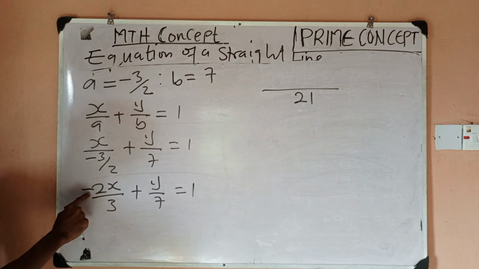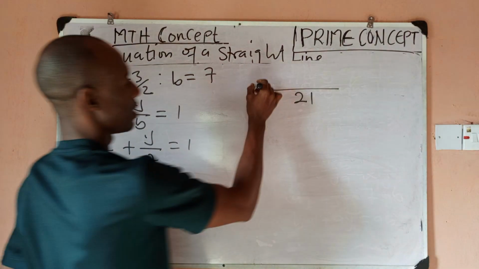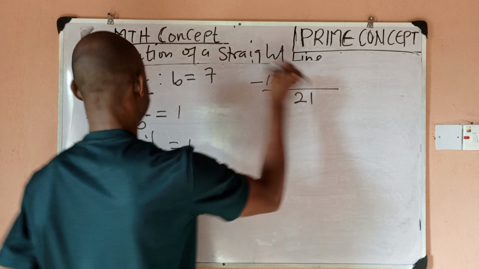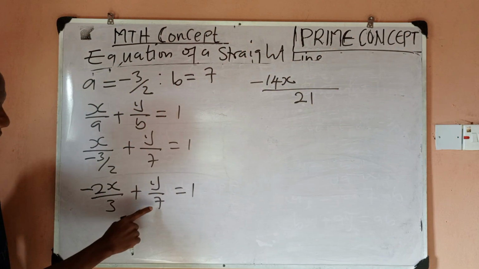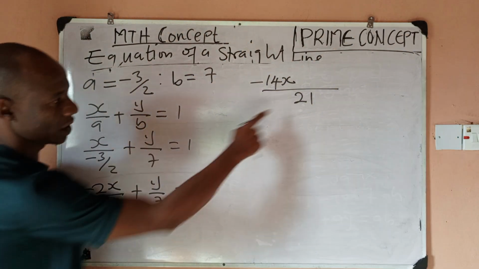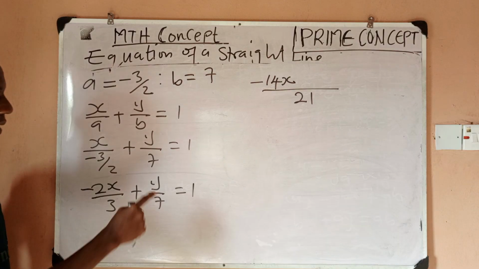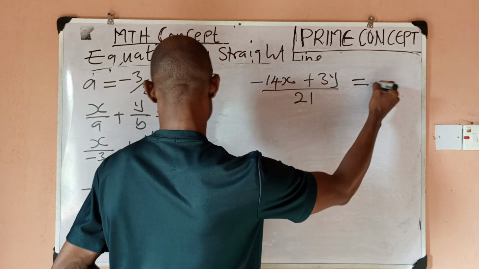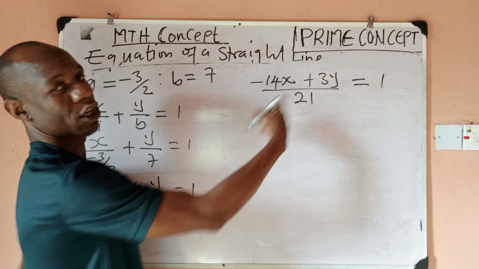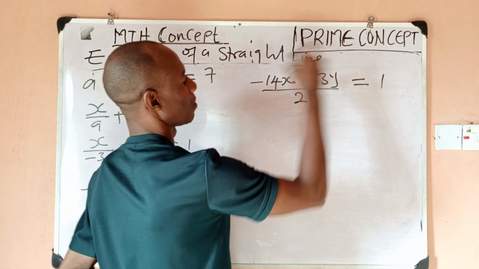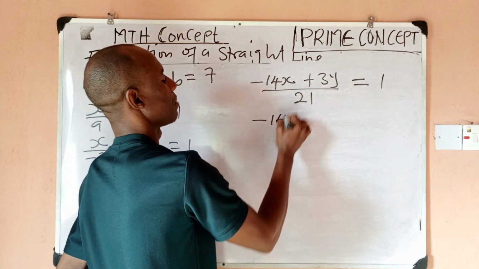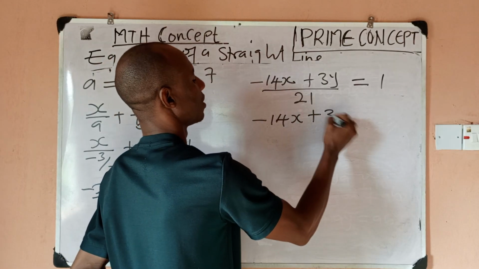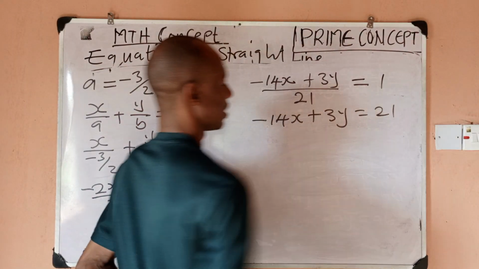Now, 7 times minus 2 is going to be minus 14x. I'll come again. 7 in 21 will give me 3. 3 times y will give me plus 3y. Then all will be equal to 1. So if we cross multiply here, 21 would multiply 1. So I would have minus 14x plus 3y equals 21.